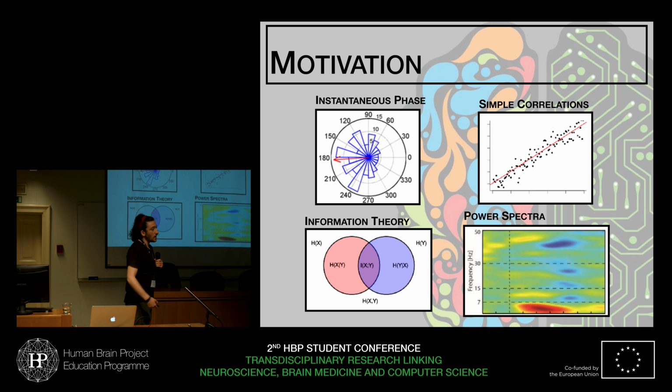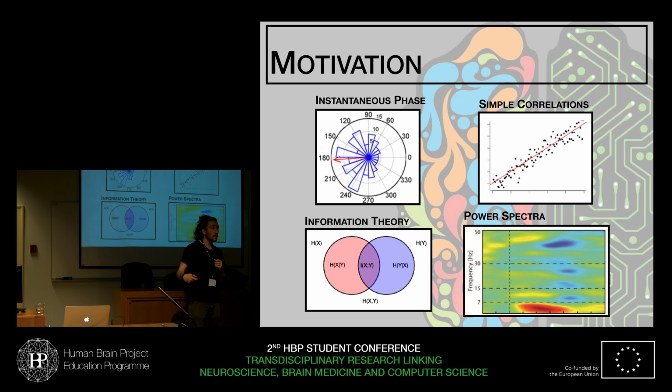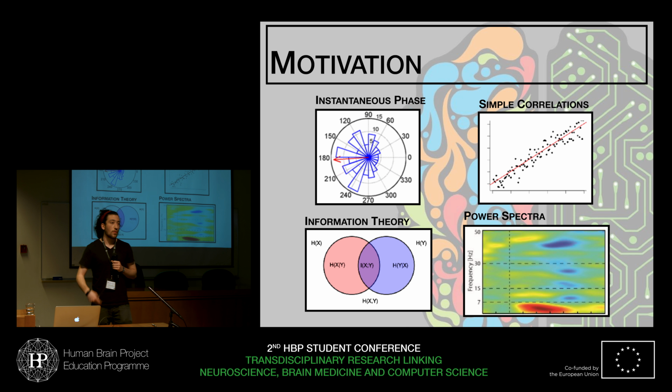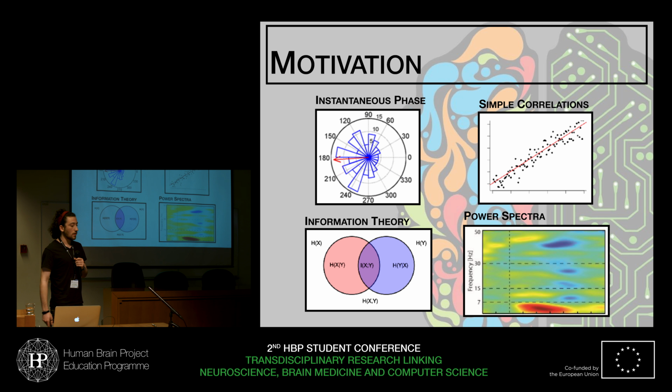Some of them are based on instantaneous phases, and the measure requires the distribution of phases to follow a von Mises distribution. You also have information theory metrics that are based on the probability distribution, so they require large data sets, and also density estimation, which is many times a problem.